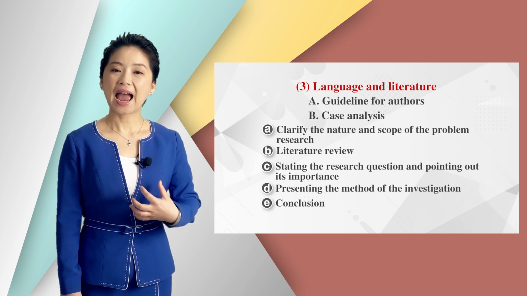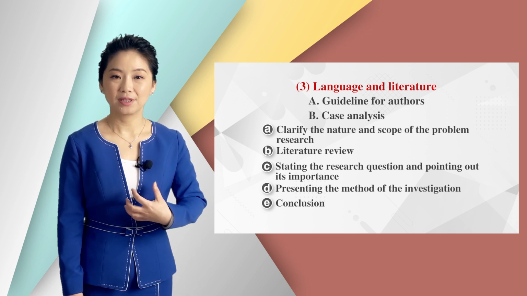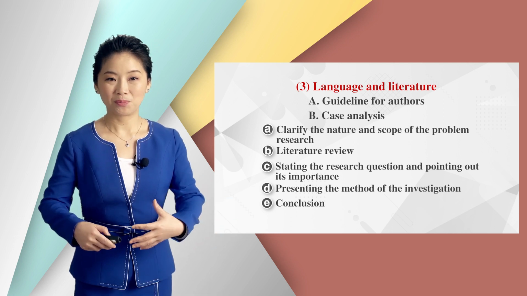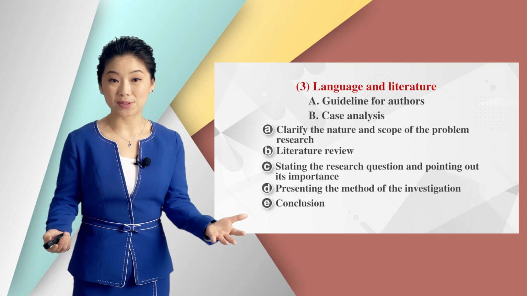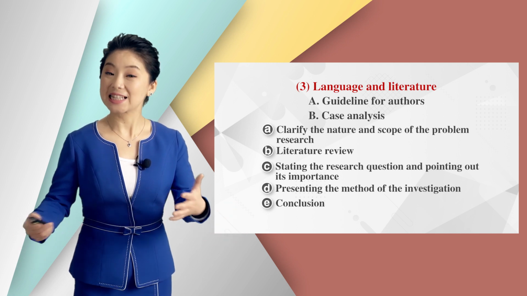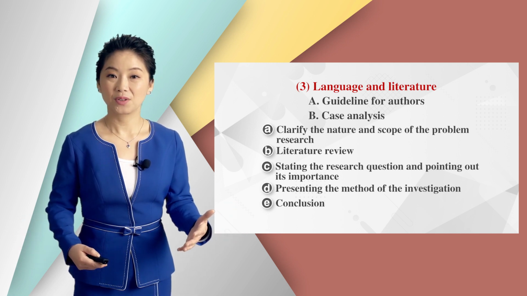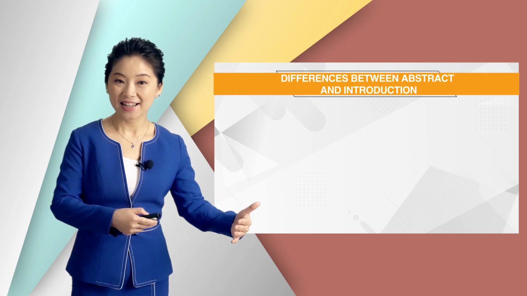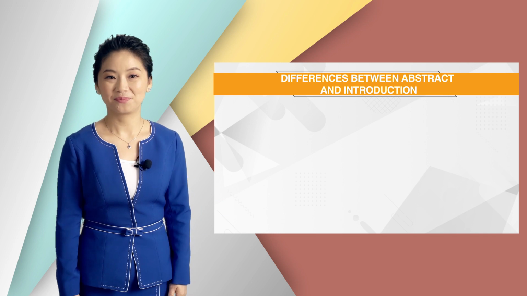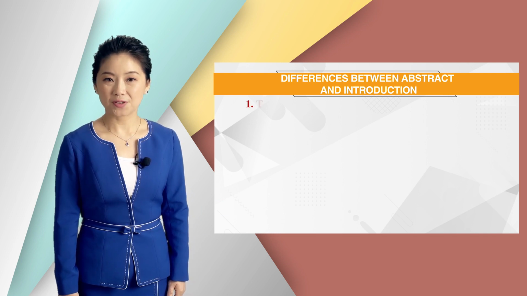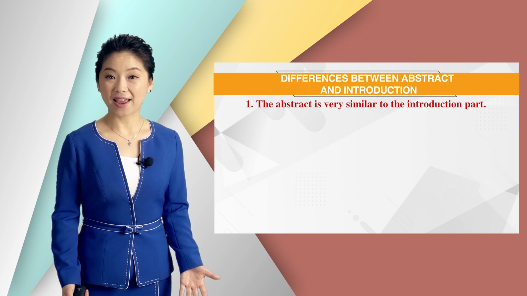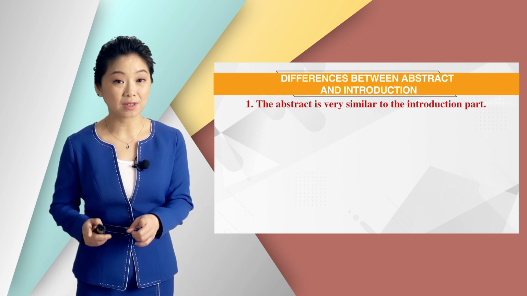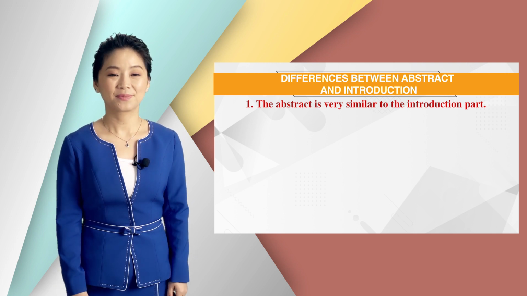We have talked about the abstract and the introduction based on examples from different disciplines. What are the differences between abstract and introduction? First, the abstract is very similar to the introduction part.